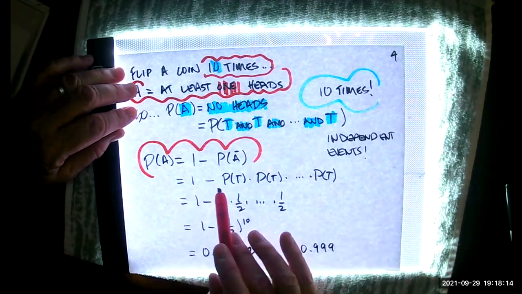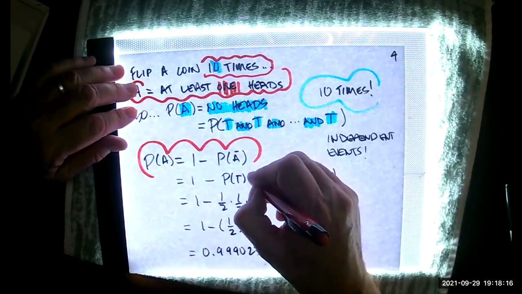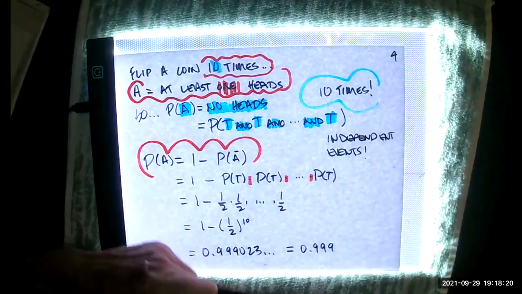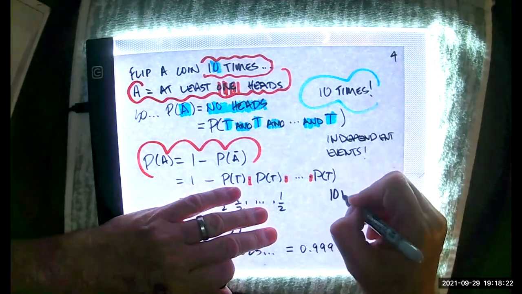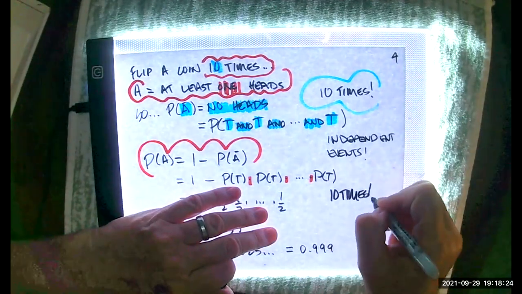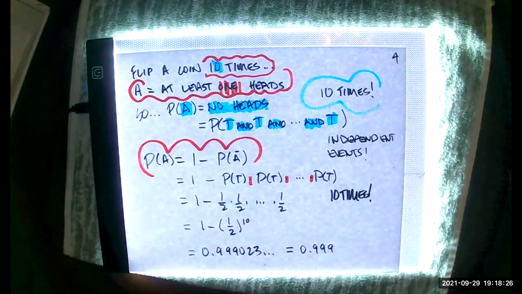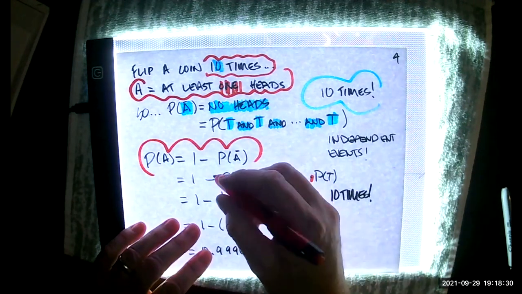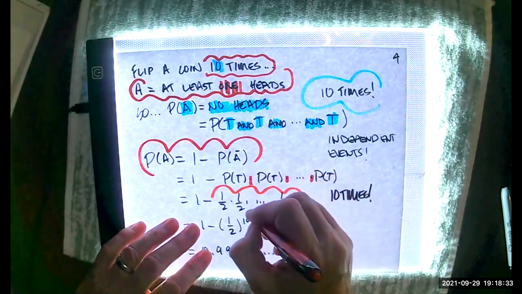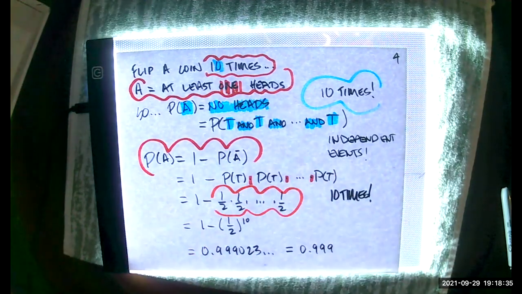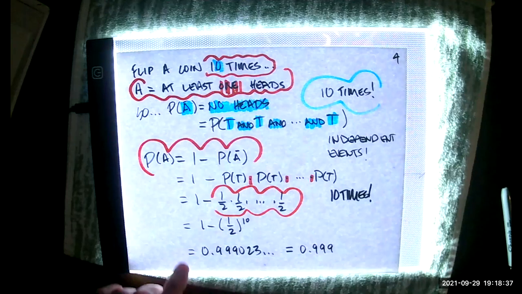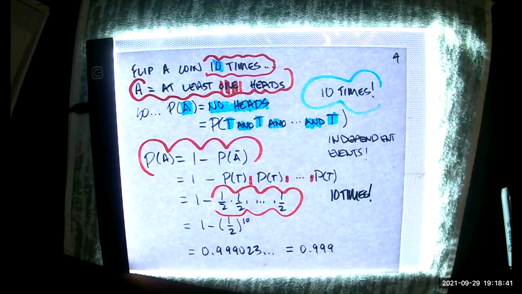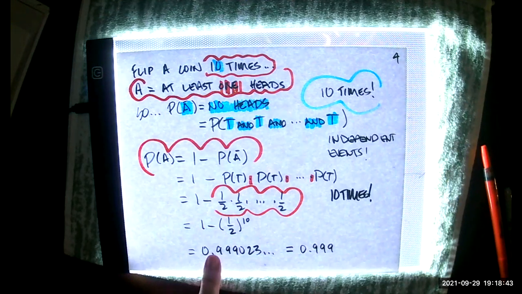So I have 1 minus the probability of a tail on the first, second, third, all the way out to 10 times. So that's 1 minus 1/2 times 1/2 times 1/2, 10 times. That is literally 1 minus 1/2 raised to the 10th. So we see the result there.